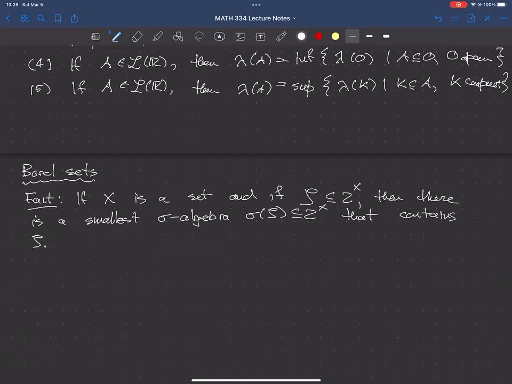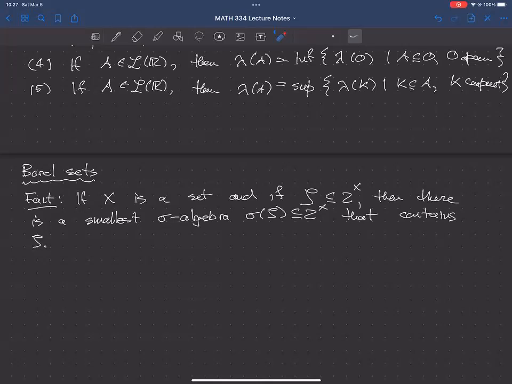The way you can prove this is first by noticing that there exists some sigma algebra which contains S, namely the power set. Then you observe that if you intersect two sigma algebras that contain S, the result will be a sigma algebra that contains S. So you argue by that process that there's a smallest one, which is just the intersection of all of them.